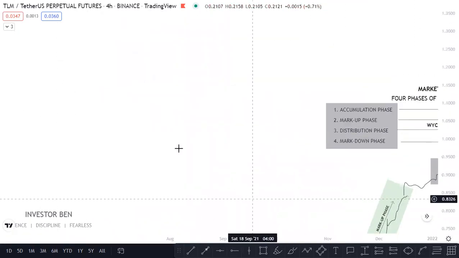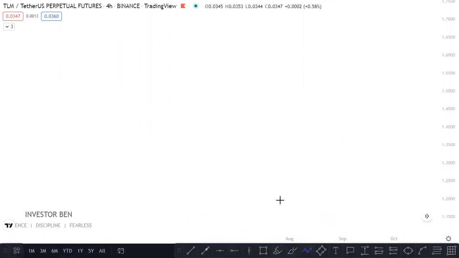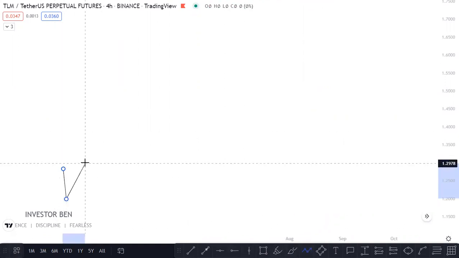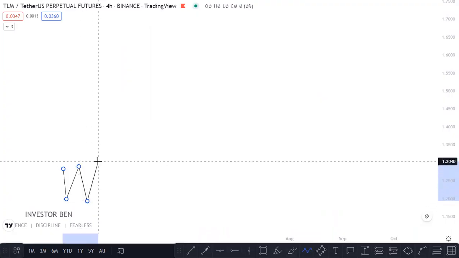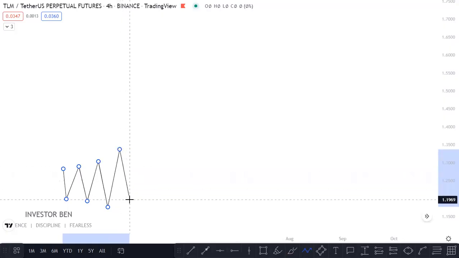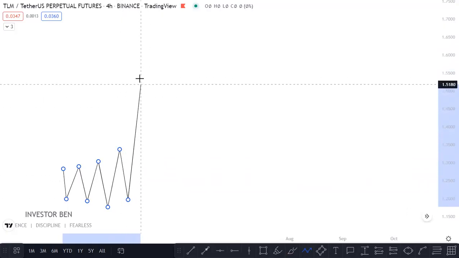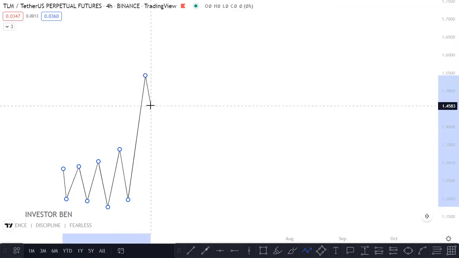So now coming over to a structural chart. Coming over to a structural chart, right? So let's do something.